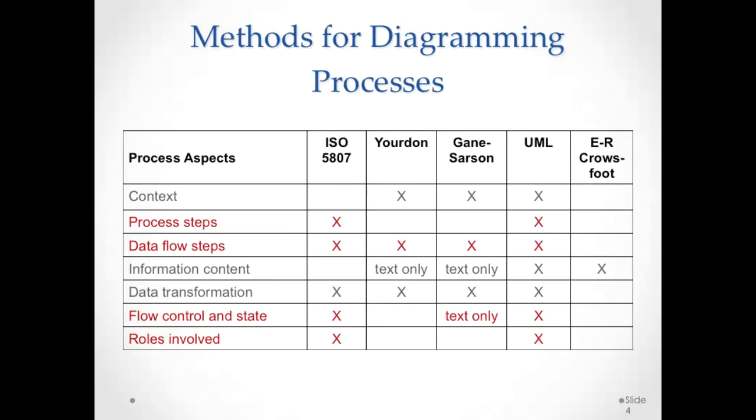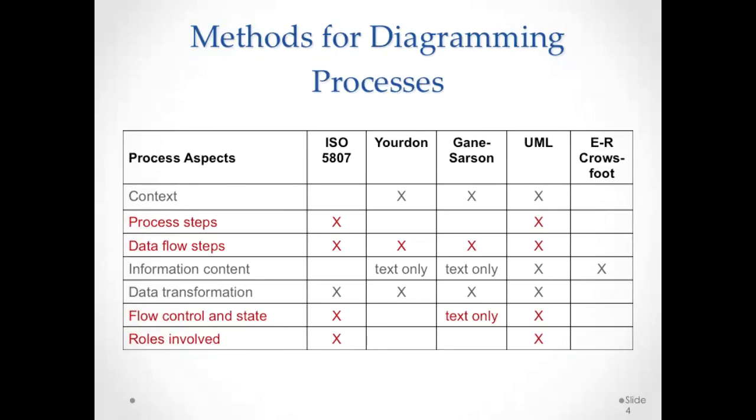One of those predecessors is the old ISO 5807 standard. Next are two formalisms. One is called Jordan and the other is called Gaines-Sarson. They're just different notations for some of the similar concepts. UML then is the evolution of all of those things together.